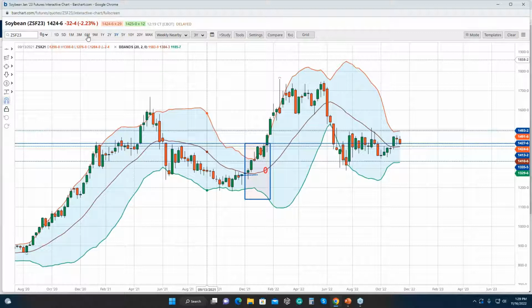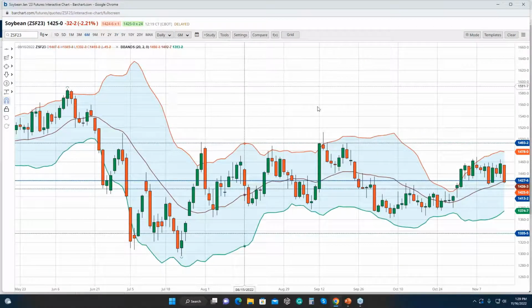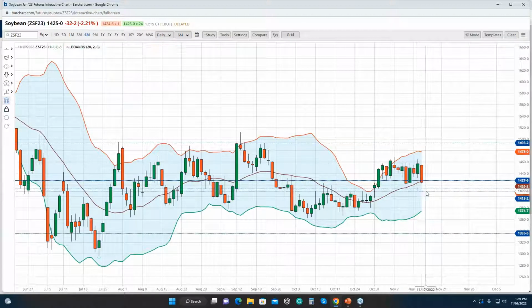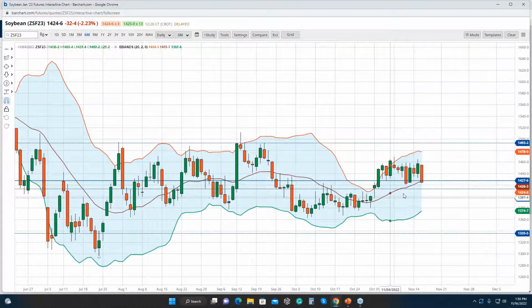But if I drop down to a lower time frame, again, daily, notice how our weekly mean is very close to our daily mean. So this might be an opportunity to re-engage price as it falls in this range, somewhere between our daily mean and our weekly mean.